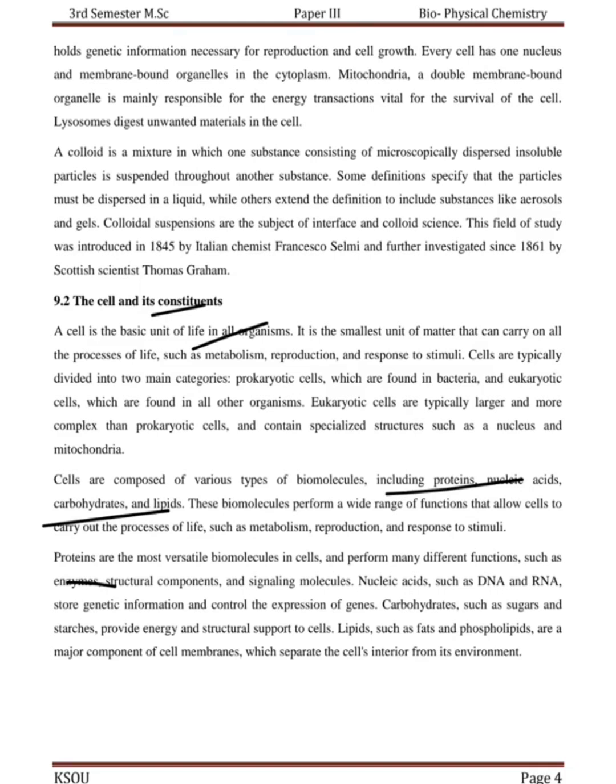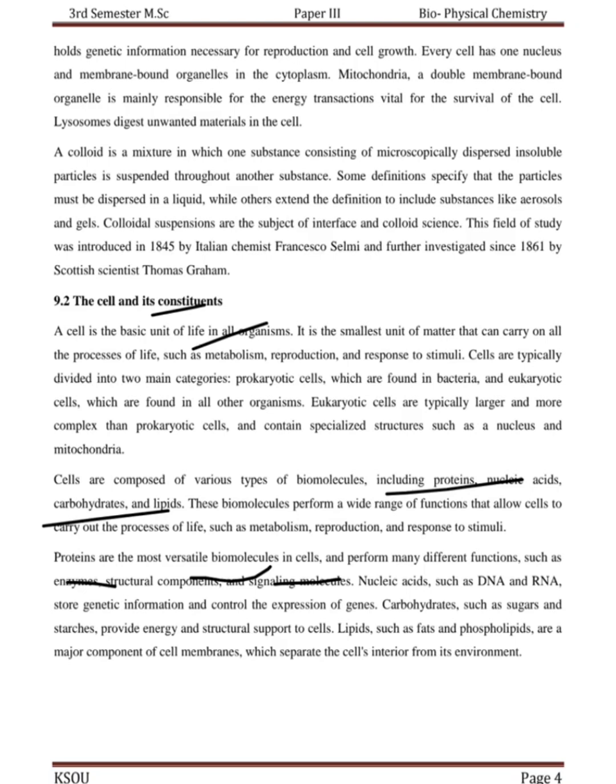Proteins are the most versatile biomolecules in cells, performing many different functions such as enzymes, structural components and signalling molecules. Nucleic acids such as DNA and RNA store genetic information. So nucleic acid strands of RNA and DNA will be present.